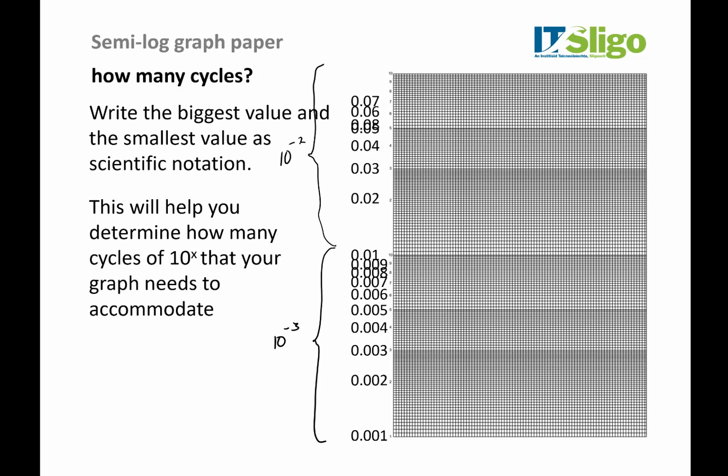Once you figure the pattern, it's the same all the time. The next cycle up would be 0.1, 0.2, 0.3, 0.4, and then we'd be back up to the 10 to the power of 0 cycle, which was on the previous slide. So your data will determine how many cycles you need.